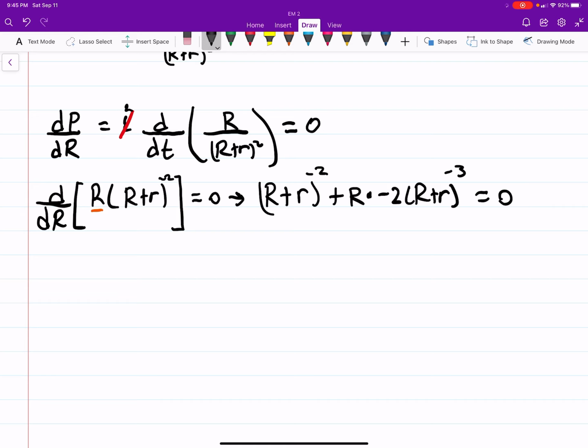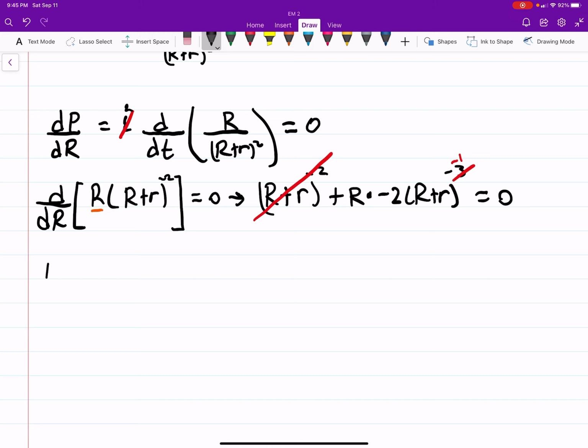Or we could go ahead and multiply over so that this cancels with this, 2 of those. So we're basically multiplying by big R plus little r squared.